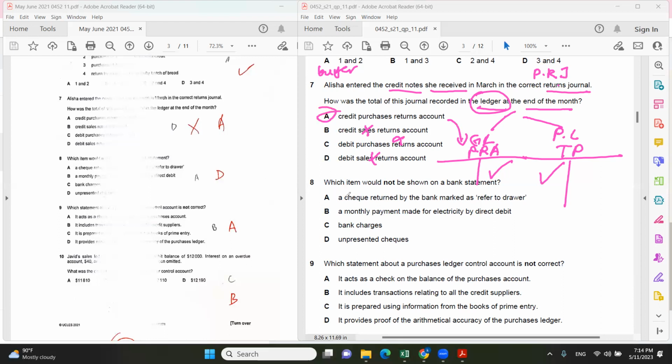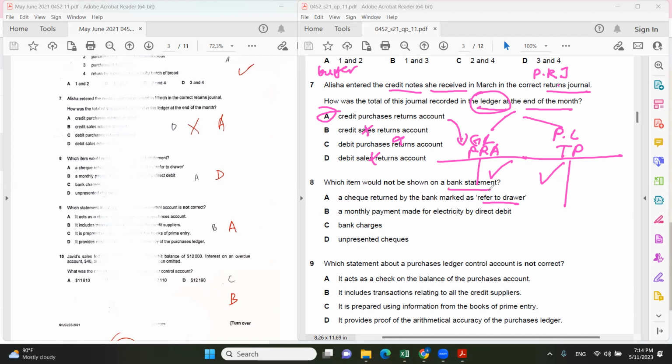For the 8th, which item would not be shown on a bank statement? A bank statement is a document from the bank to the business. So a check written by the business marked as referred to drawer. This is a bounced check, which is a dishonored check, which the bank rejected.